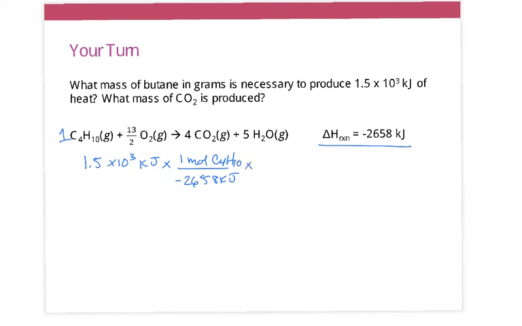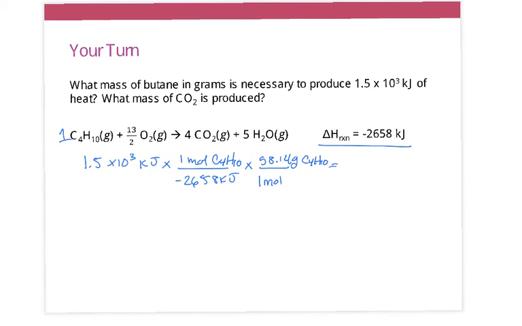Now we don't stop there because we want to know the amount of grams. And how do we go from moles to grams? We use our molar mass. Our molar mass of butane is, for every 1 mole, there is 58.14 grams of butane.